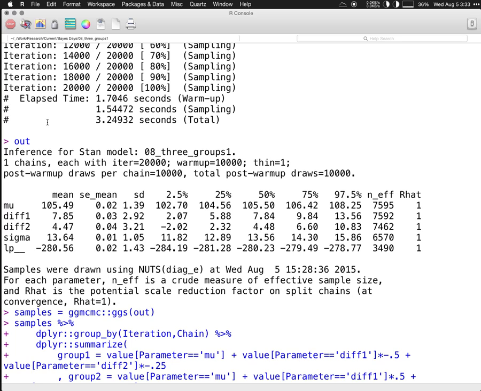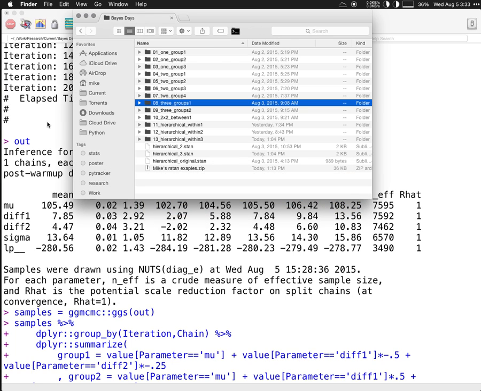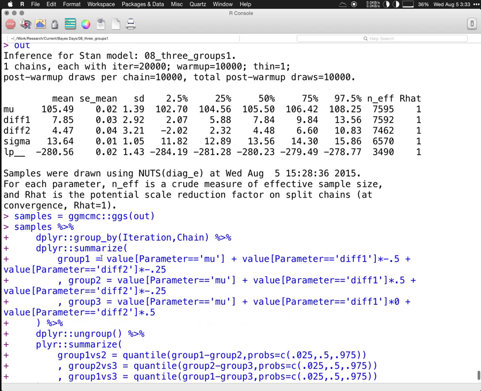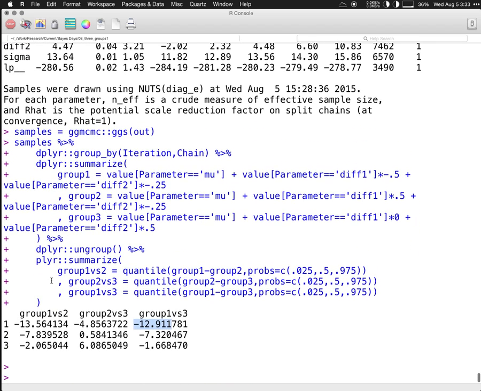So it's just there to allow that. As we show, you actually have to do some computations afterwards to get out things of interest, like the differences just from one group to another.